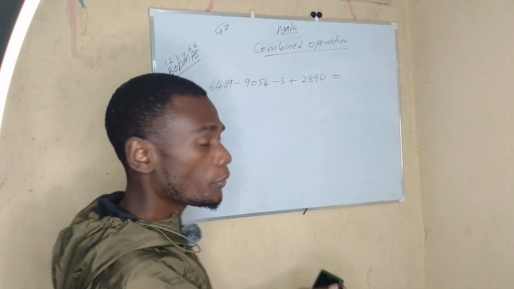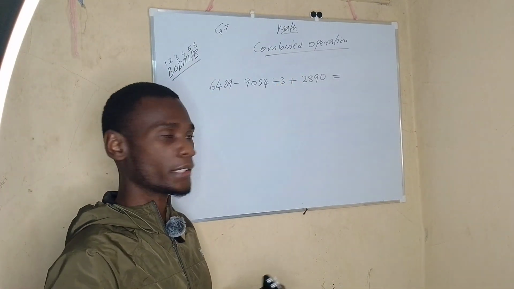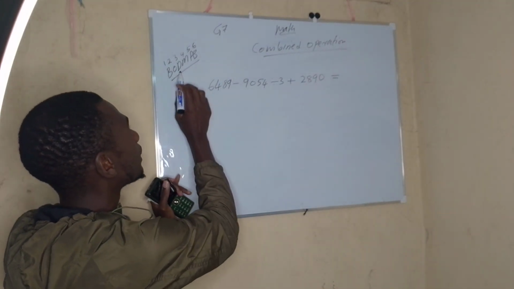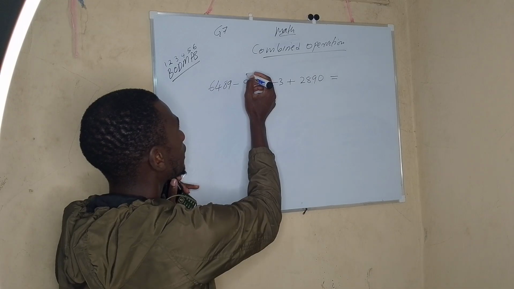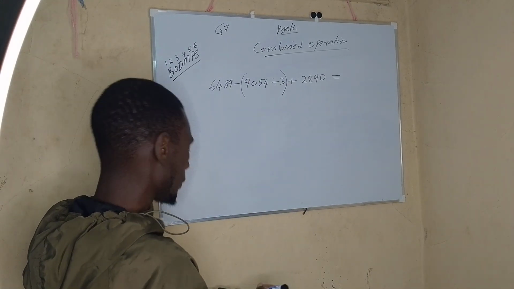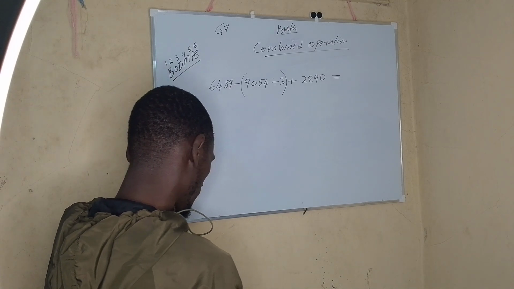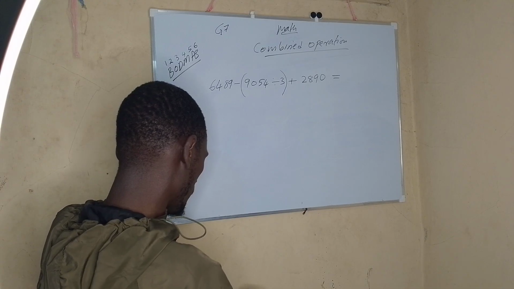So once you meet your first operation, identify it. Like in this case, we are going to start with D, that is division. So we will pick those numbers that should be divided. So let me use this calculator because of time to get it very fast.